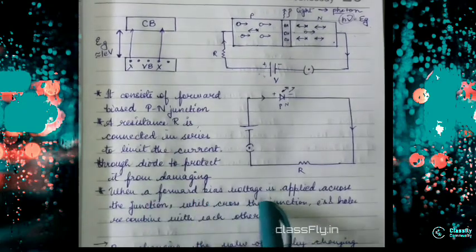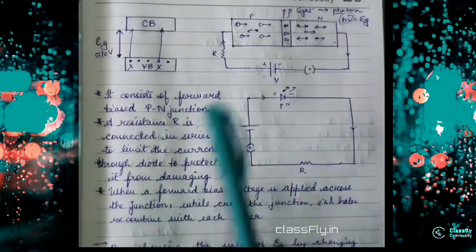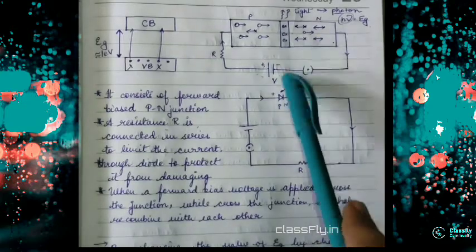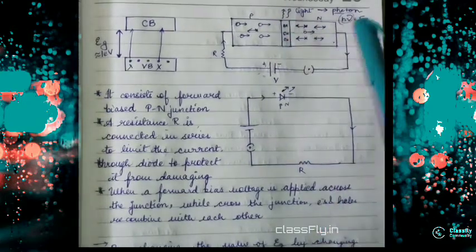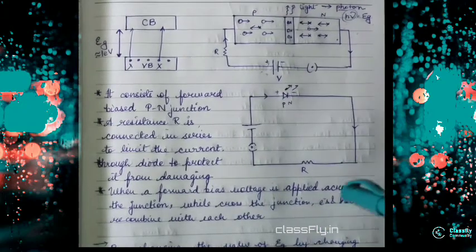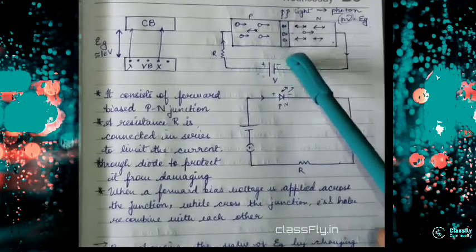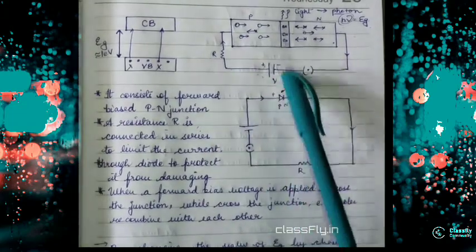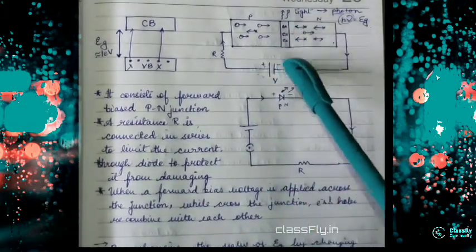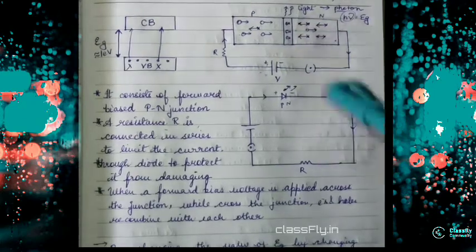When a forward bias voltage is applied across the junction, electron hole pairs combine with each other. Whenever there is a voltage applied, there will be combination of electron hole pairs.